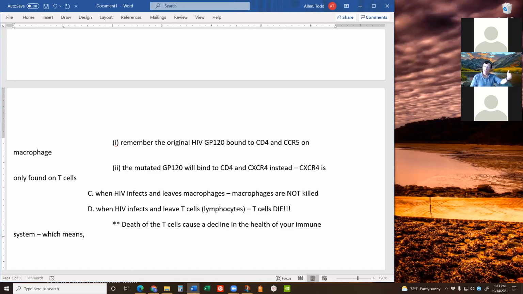So that means when the T cells are dying, when they've died, your immune system is no longer capable of protecting you from everyday normal threats, such as cold viruses, or maybe a strep throat infection, things that we kind of slough off and say, oh, I can handle that. Yeah, maybe I need an antibiotic for strep throat, who knows? But I can survive it, I can live it.